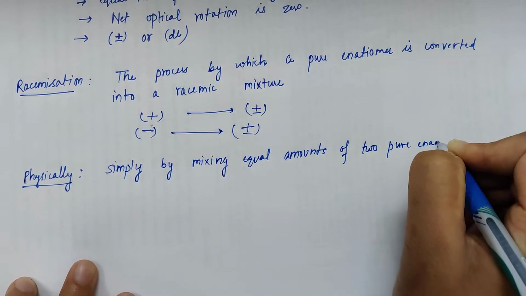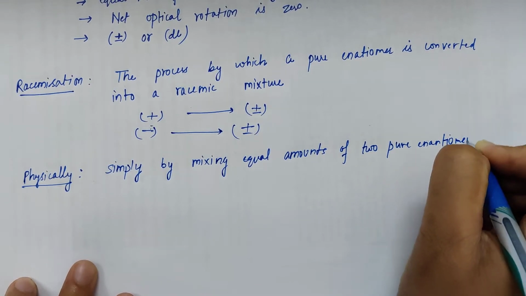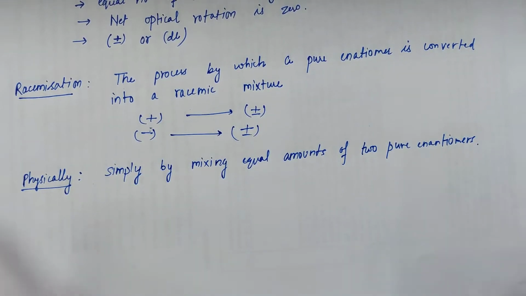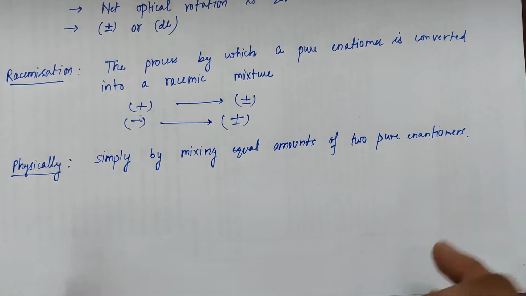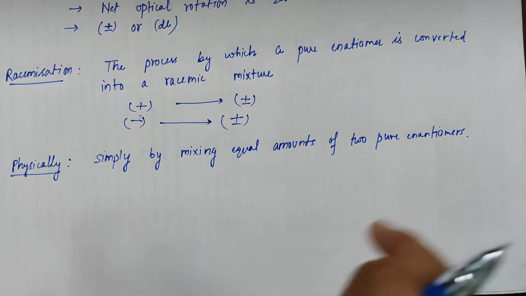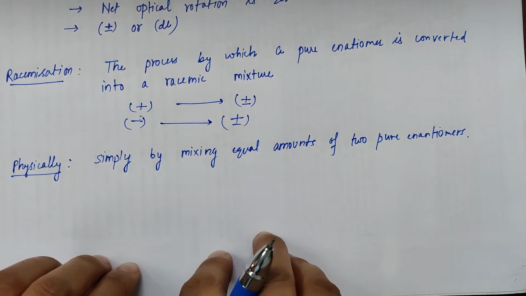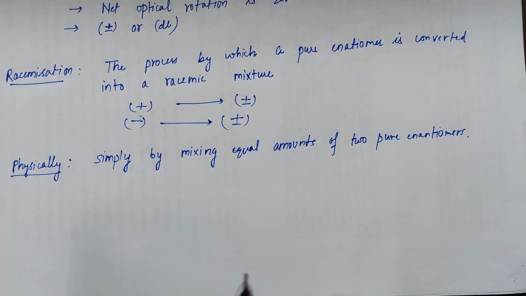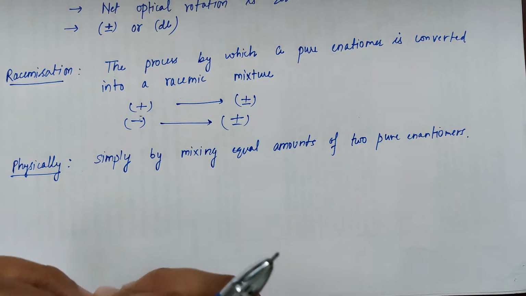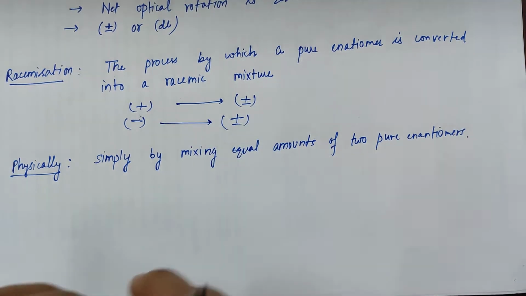Let's say you have both the enantiomers separately. You take equal amounts of both the enantiomers and mix them. That will give you a racemic mixture, or you can say the racemization is done physically.